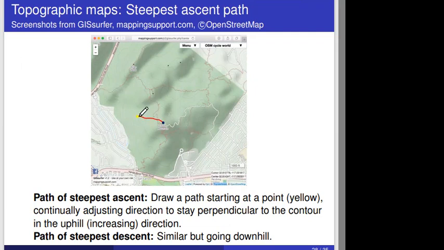This is the path of steepest ascent. If you move along this path, you get the hardest path to climb this mountain.